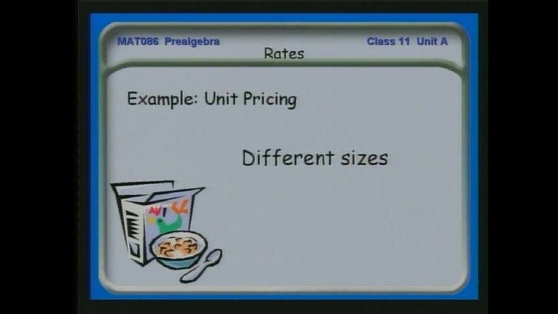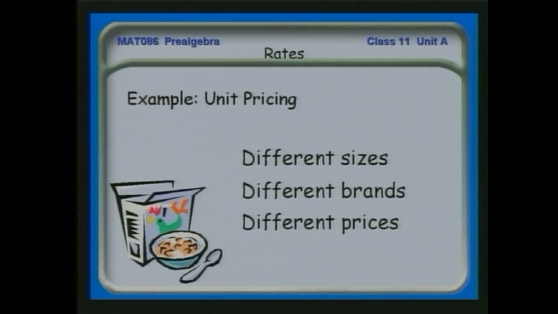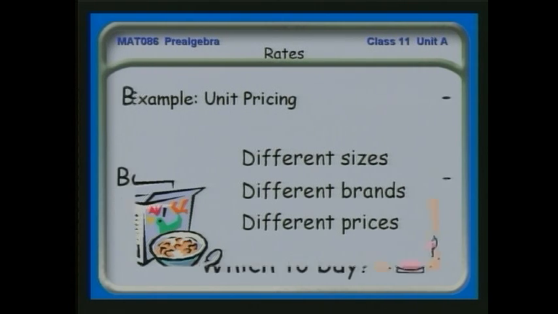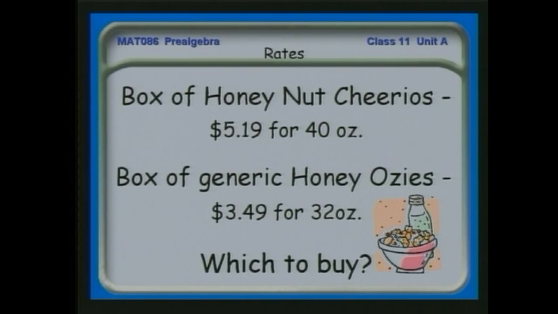Here's an example. We could have different sizes or different brands that we want to compare, different prices, and often it's hard to know. For example, I went into one of the grocery stores and looked at a box of Honey Nut Cheerios, and it was $5.19 for 40 ounces.